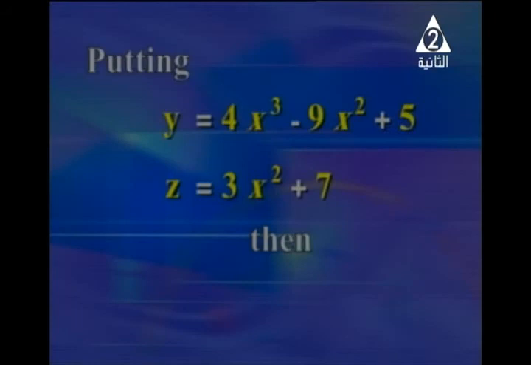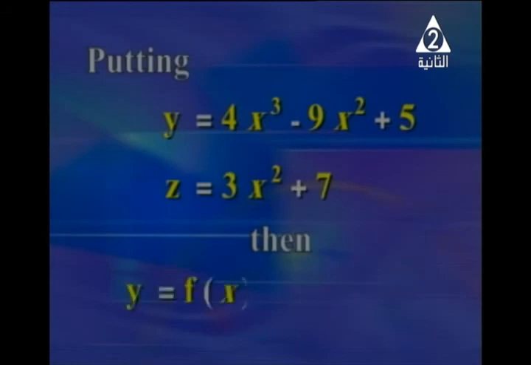Excellent student. You must understand: when we find the derivative of 4x power 3 minus 9x squared plus 5 with respect to the function 3x squared plus 7, we put y equals the first function and z equals the second function, and we find the derivative of y with respect to z. The required is dy by dz.